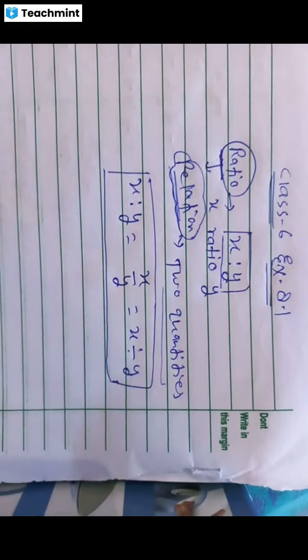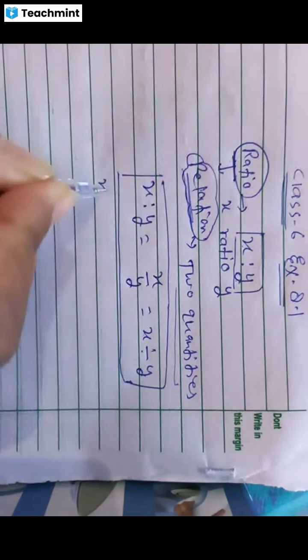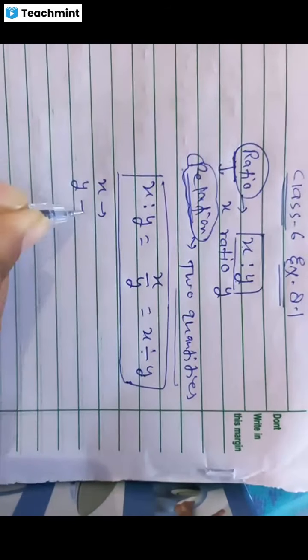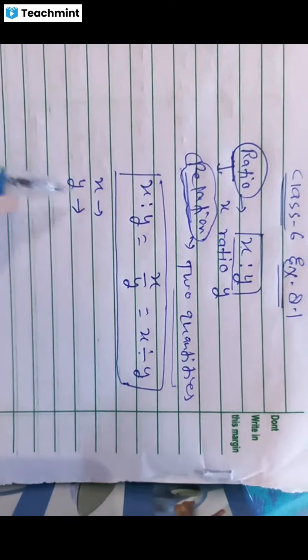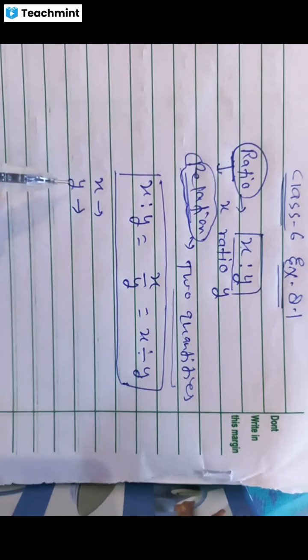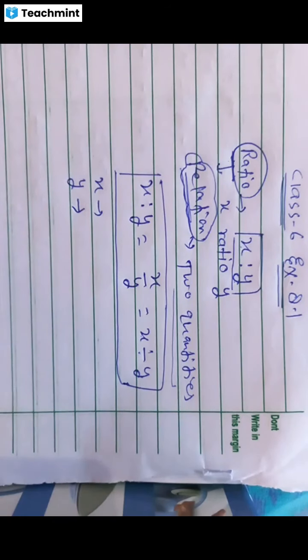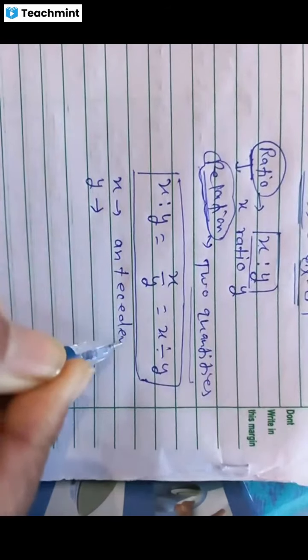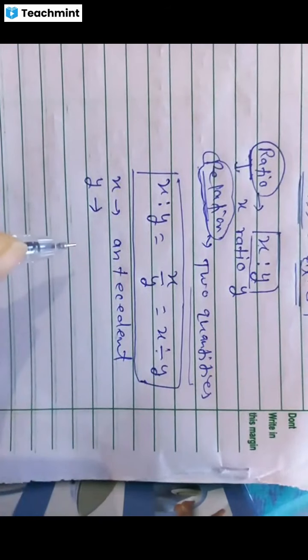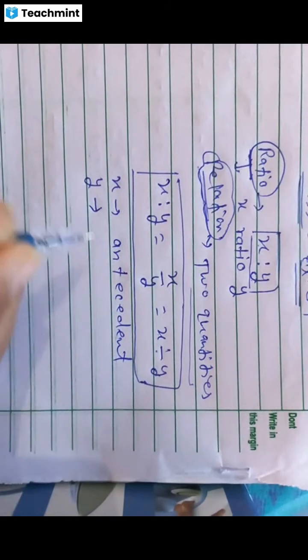Okay. Now the next thing. First understand, then I will explain the questions, because these things are very necessary. First you have to understand these things. Okay. And here you can see two quantities x and y. X is known as antecedent and the second quantity y is called consequent.